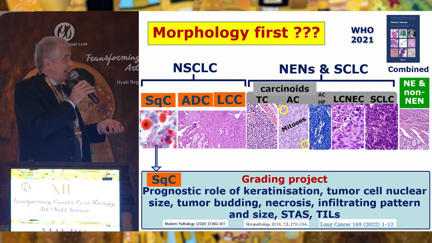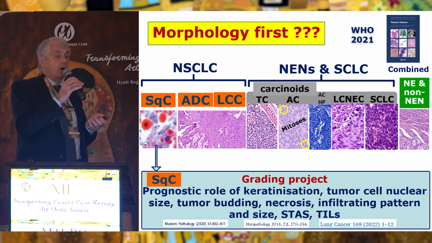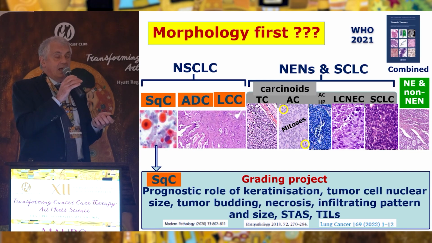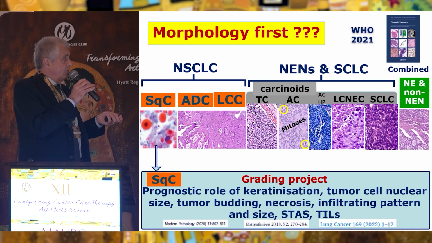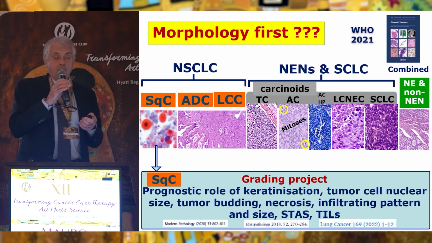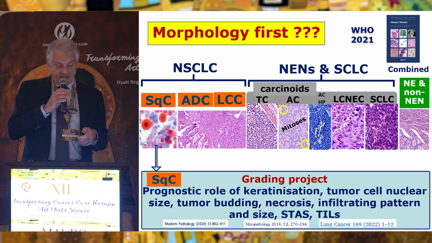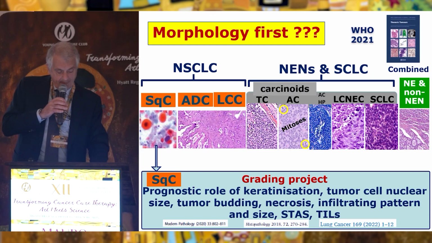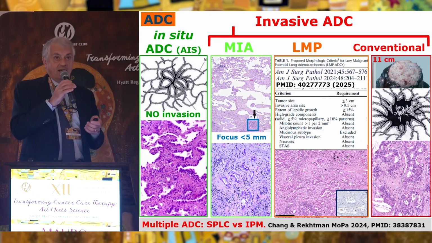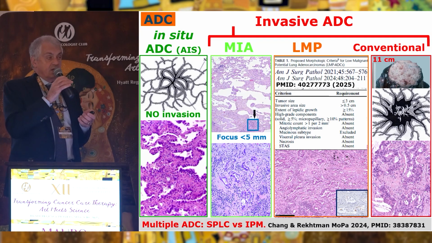There is an IASLC grading project ongoing, which I have the privilege to participate in. So in a short time, you will have a new proposal on the grading of squamous carcinoma, which is an additional feature requested for the purpose of better classifying these tumors, exactly as it is ongoing for adenocarcinoma.